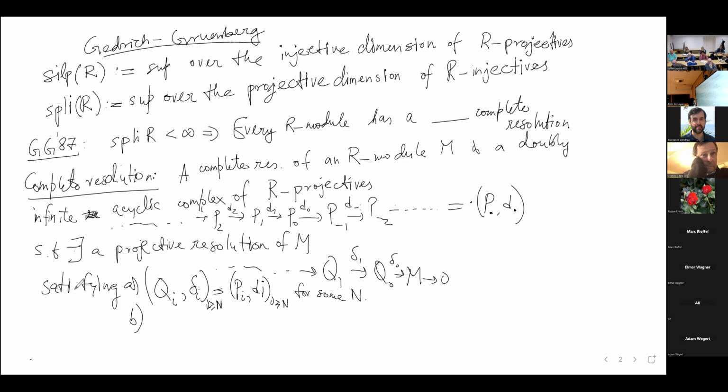The Hom from this complex P star to K is acyclic for any R projective K. So the second condition is the total acyclicity condition.